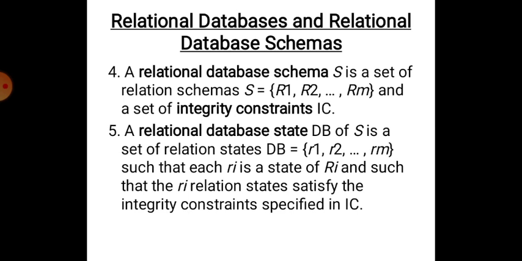The relational database state DB of S is a set of relation states, DB equal to R1, R2, Rm, such that each Ri is a state of capital Ri, that is relation, and such that the Ri relation states satisfy the integrity constraints specified in IC.